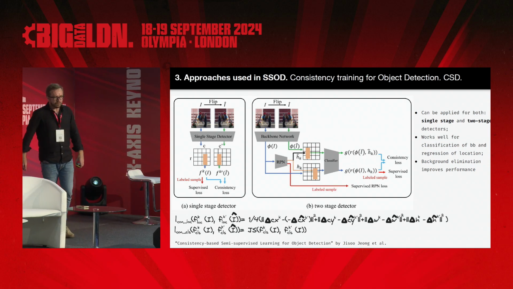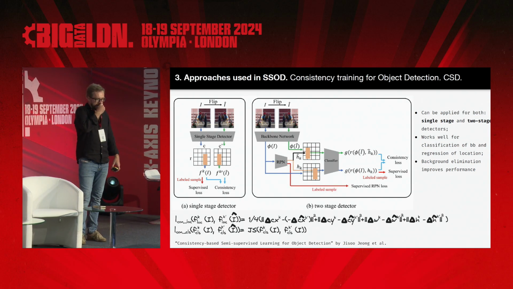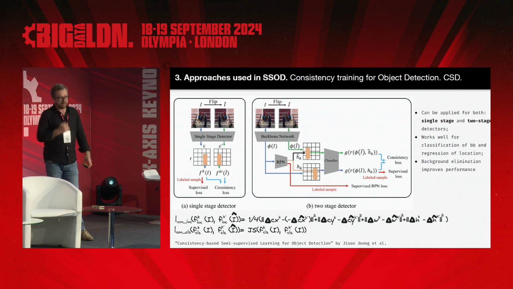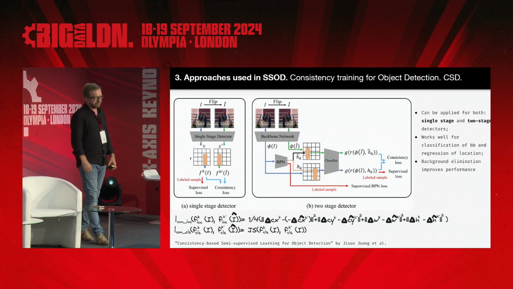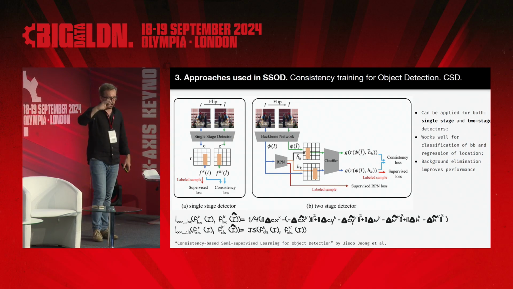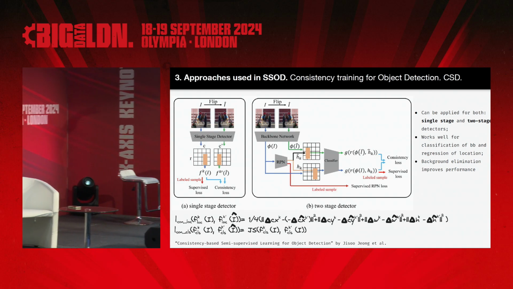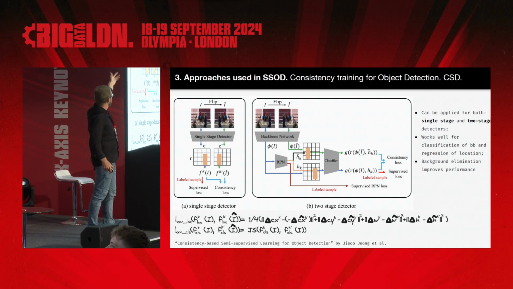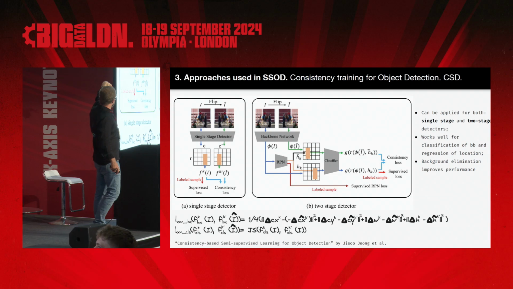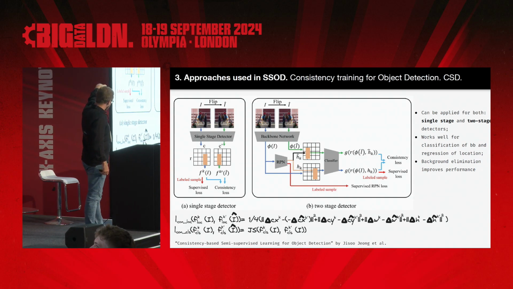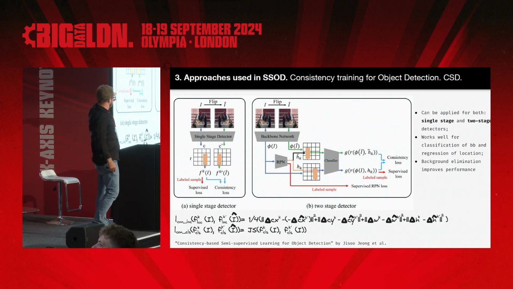Okay, that's an example from current research. So what do people actually do? They take an image again, apply a super simple augmentation, a flip, and send it through a neural network.